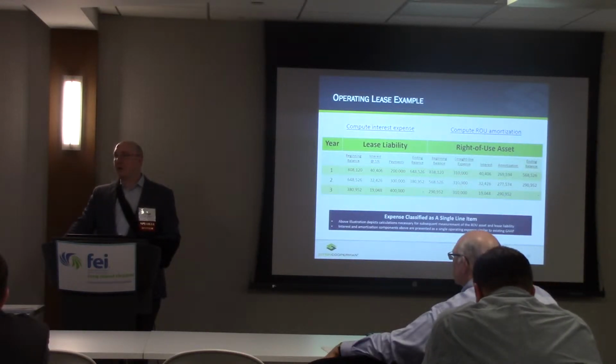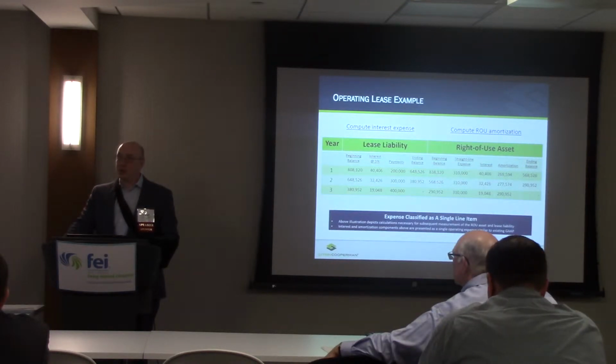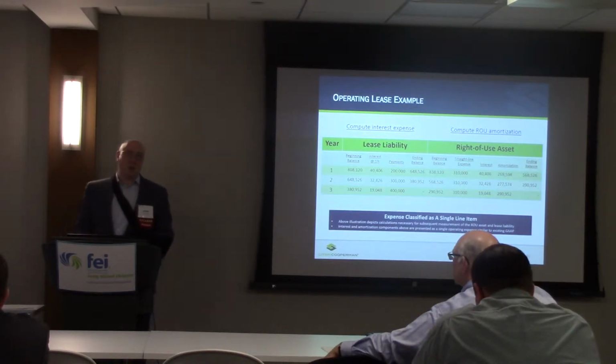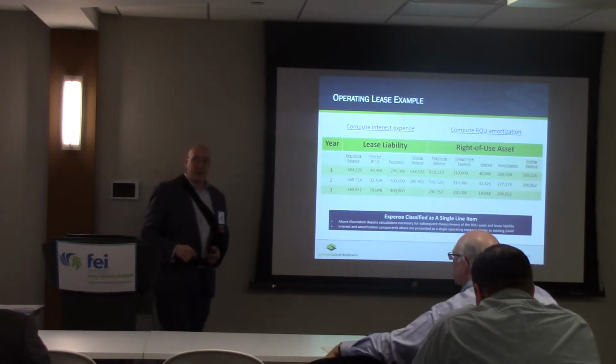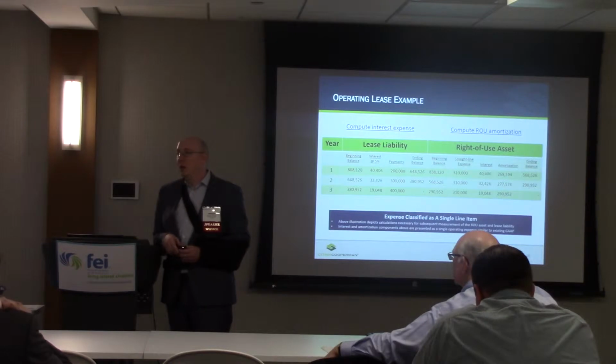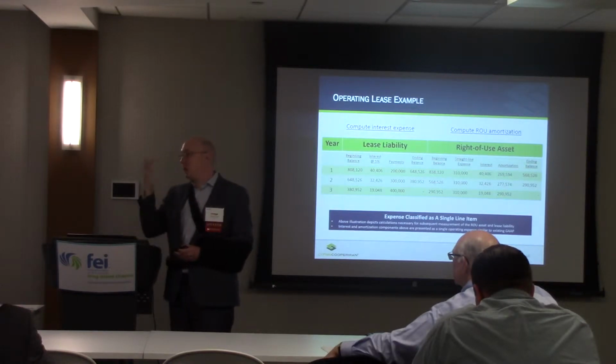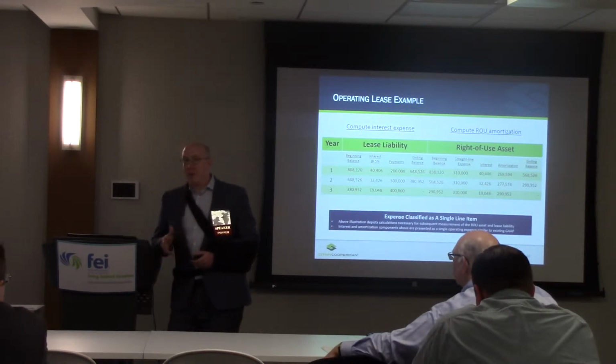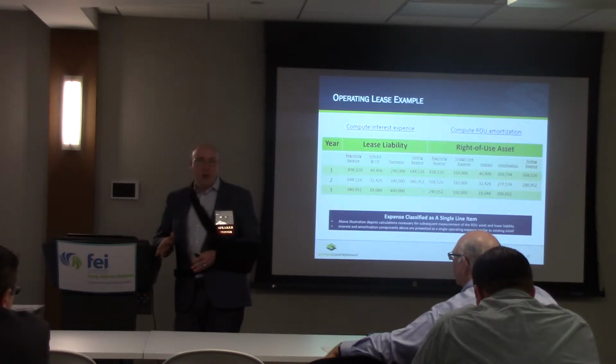Now, if there was a guaranteed minimum, then that answer would change because that would be considered an in-substance fixed lease component, meaning that you cannot avoid paying it. Let's say the minimum was $100,000. You could not avoid paying $100,000. So at a minimum, you'd include $100,000 in the calculation, but you wouldn't estimate out what it would be based on historical. You just take the minimum.